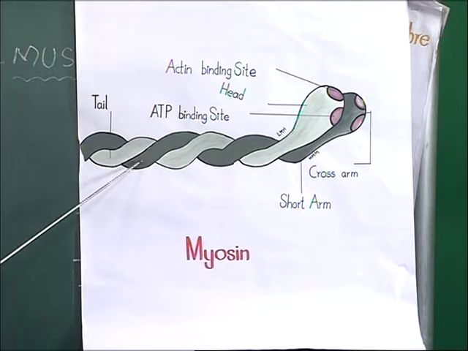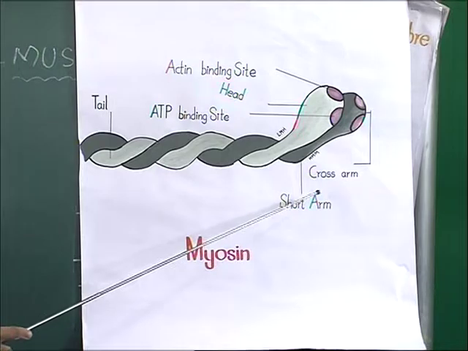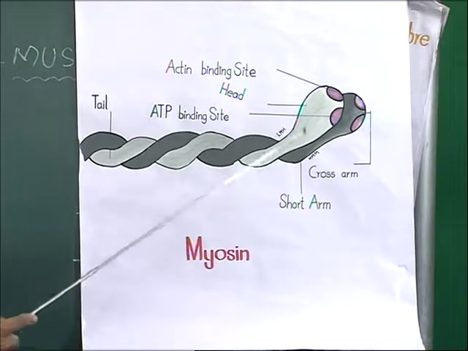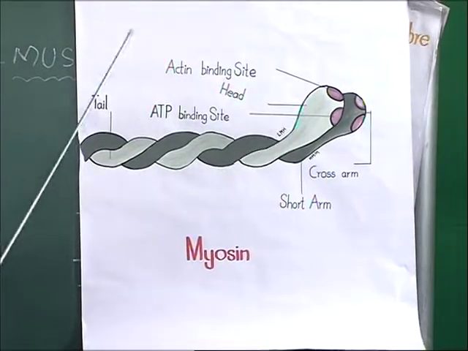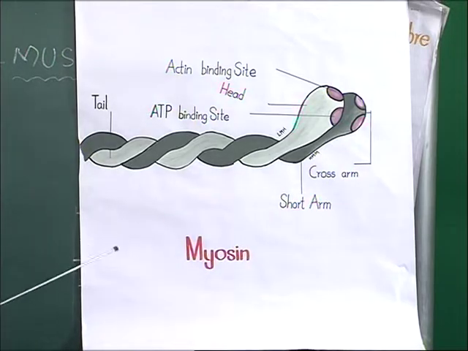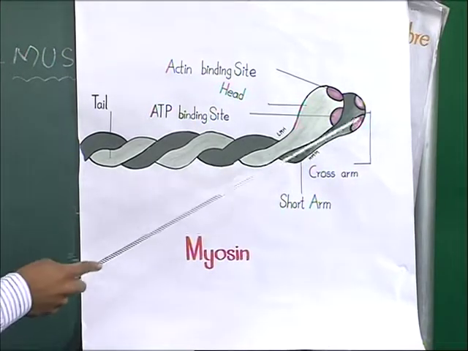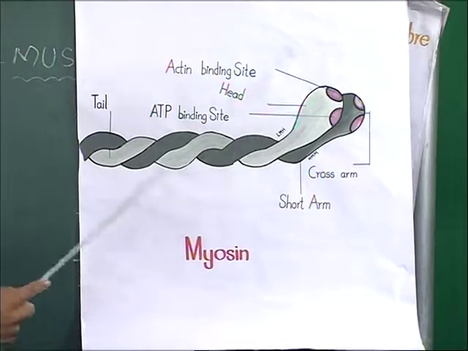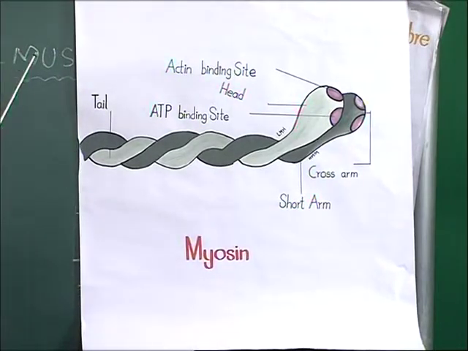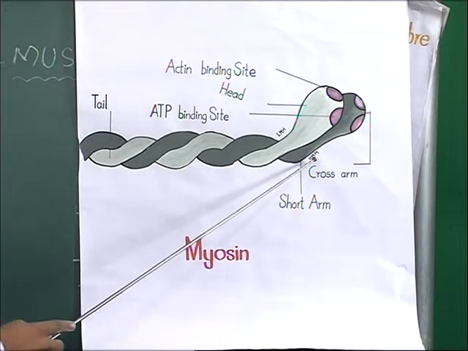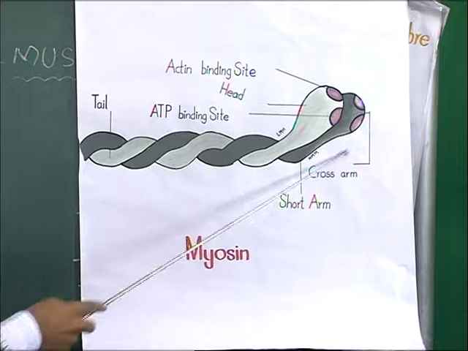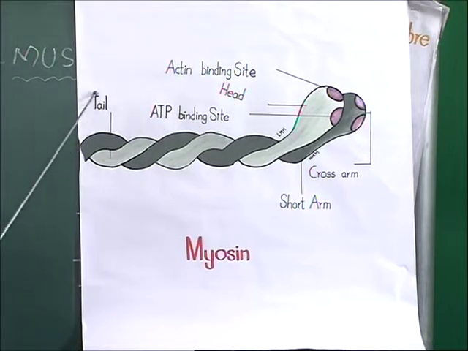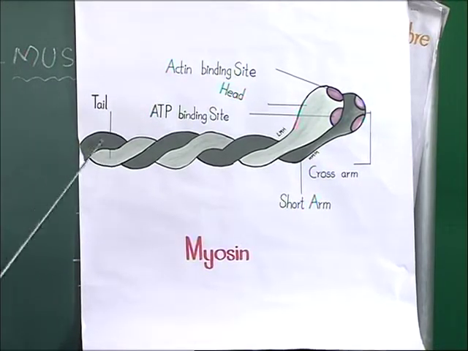Many monomers form meromyosin. Meromyosin contains two main parts, one is the head and another one is the tail. So these meromyosins consist of heavy meromyosin at the head region and light meromyosin at the tail region.